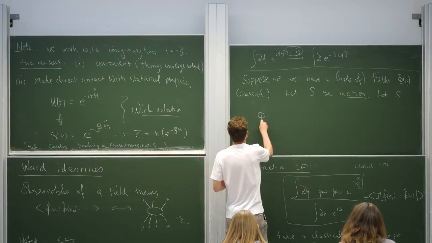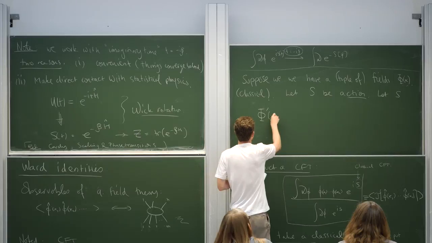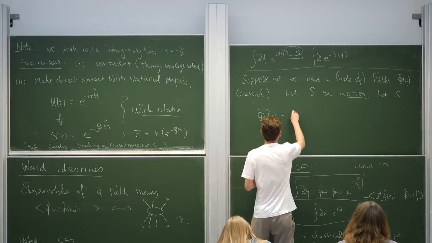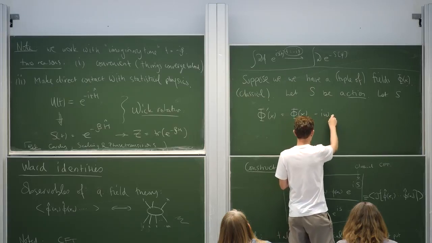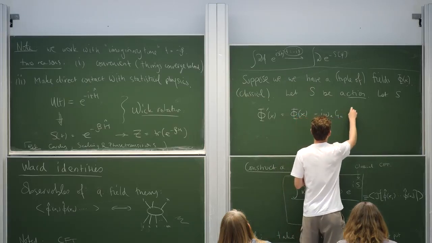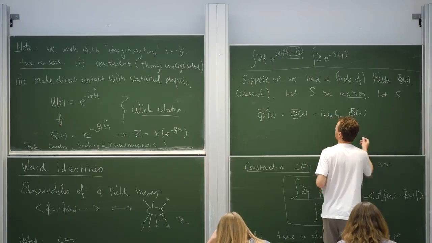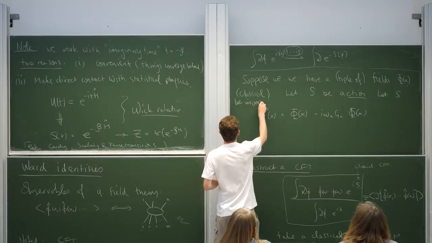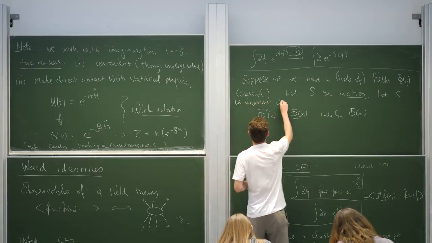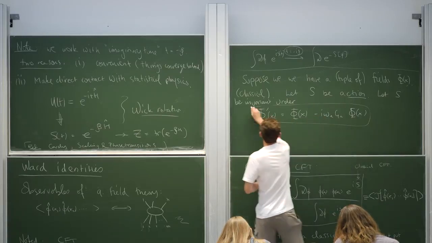So we're going to suppose that our action is invariant under some infinitesimal symmetries. So our action is going to be invariant under a bunch of symmetries like this.